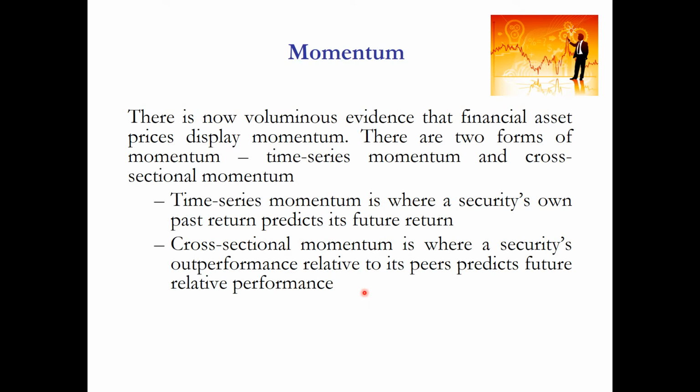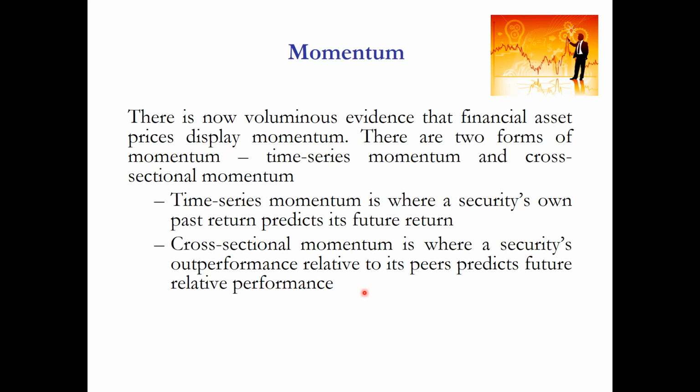Cross-sectional momentum, on the other hand, is not simply based on the past returns of individual stocks, but is based on ranking stocks according to their returns. So with cross-sectional momentum, we look at the returns of all securities within a particular feasible set over a time horizon. It's important to note that with momentum, we look at an intermediate time horizon, for example, the last 3 to 12 months.